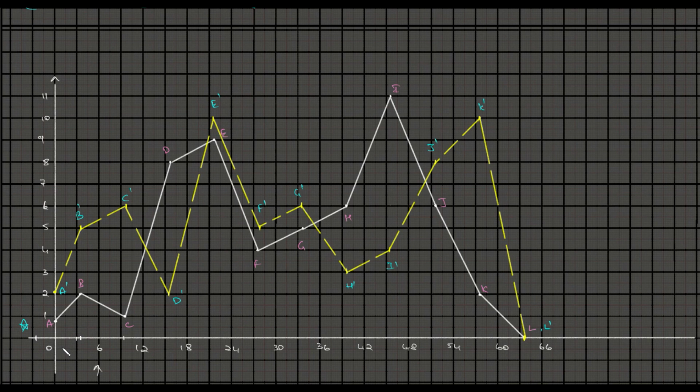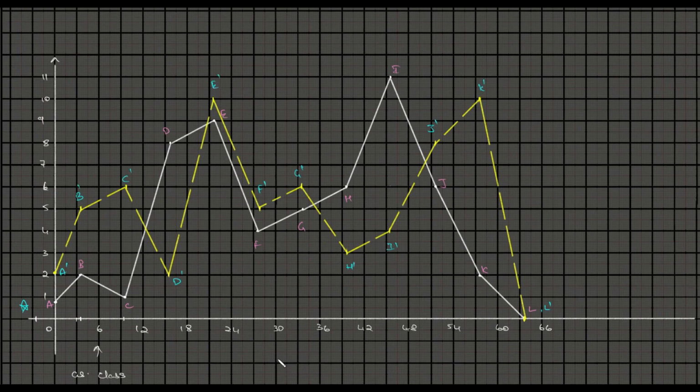Okay. So this is not the entire answer. We need to talk about this being the number of balls, and that's your runs, and the scale is, so along the x-axis for every centimeter we have 3 balls.